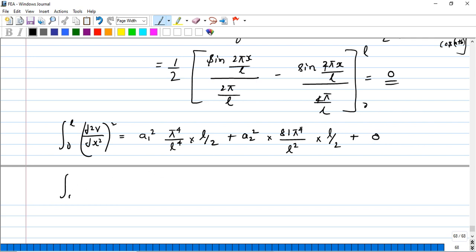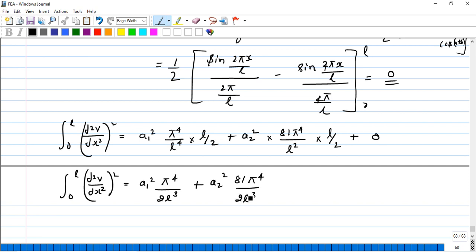And finally I can represent d bar square v by d bar x square, whole square, that is equal to a1 square pi to the power of 4 by 2L cube plus a2 square 81 pi to the power of 4 by 2L cube.